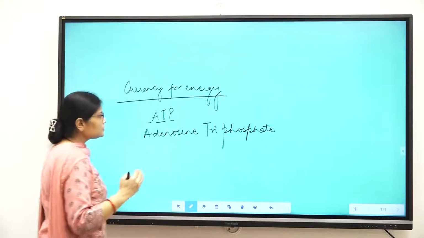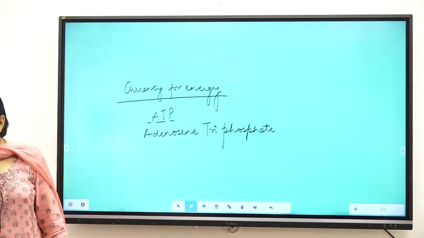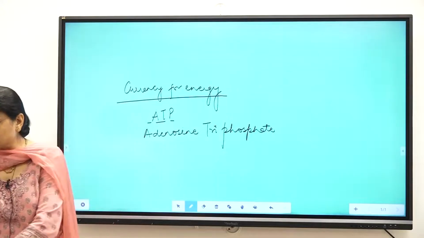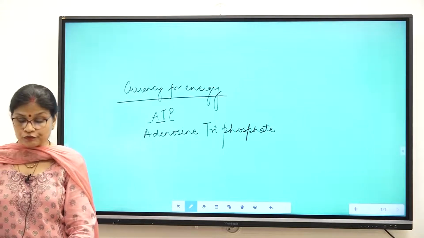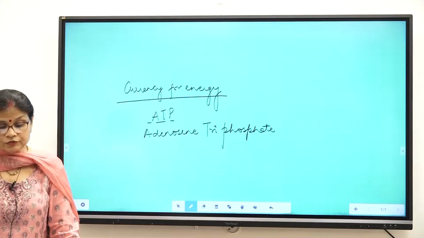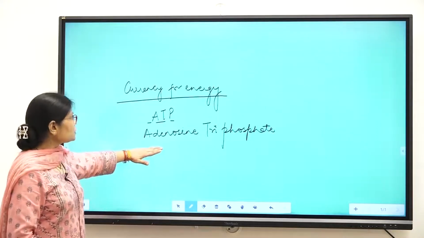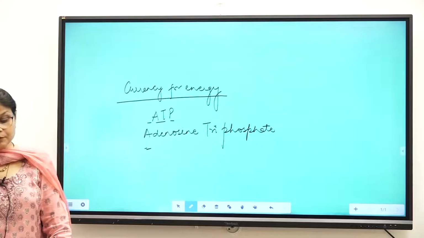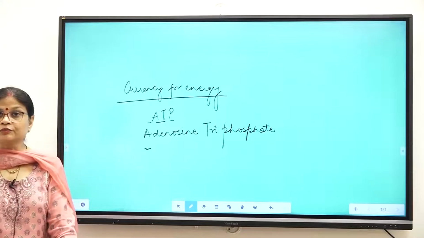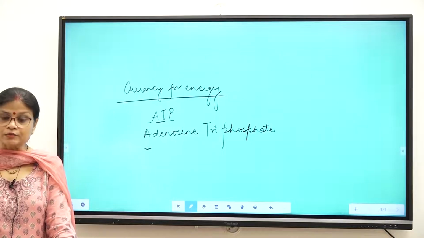This ATP is used for the synthesis of all cellular materials in the body, for the secretion of hormones and enzymes, for the transport of nutrients and waste in the circulation and across cell membranes, for the contraction of muscles and so on. So, adenosine triphosphate is used for the work of the body. About 90% of the energy liberated from the food is from the TCA cycle, that is tricarboxylic acid cycle.